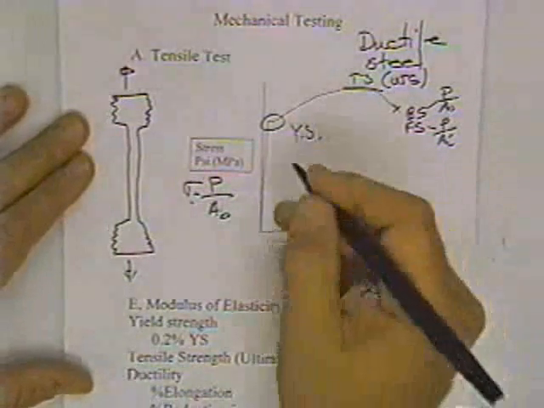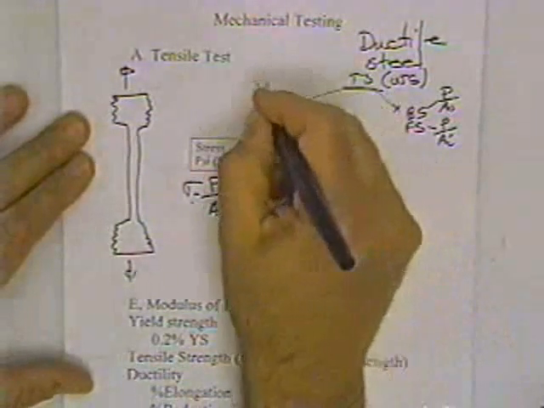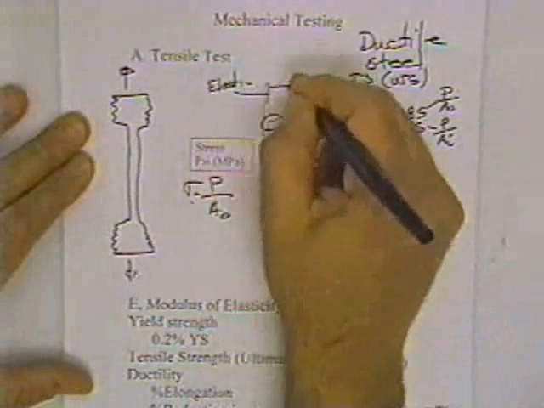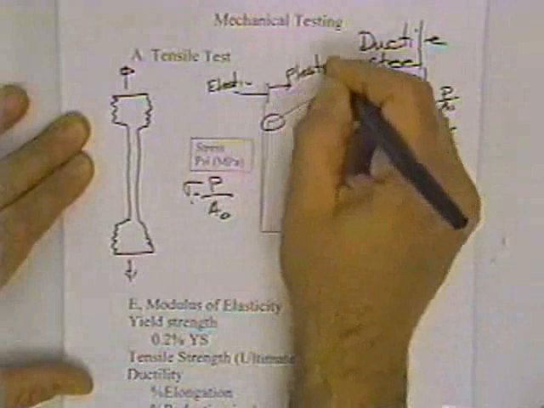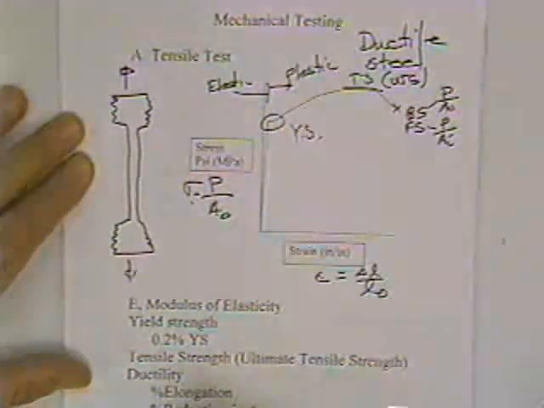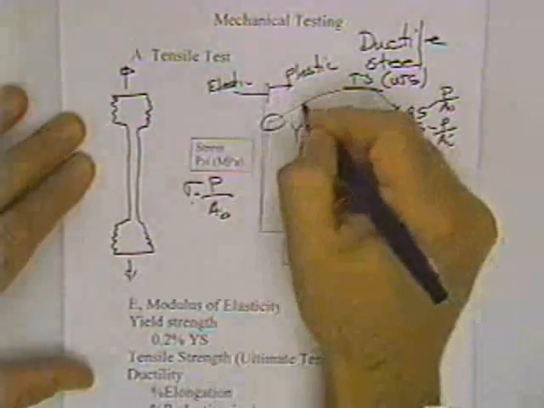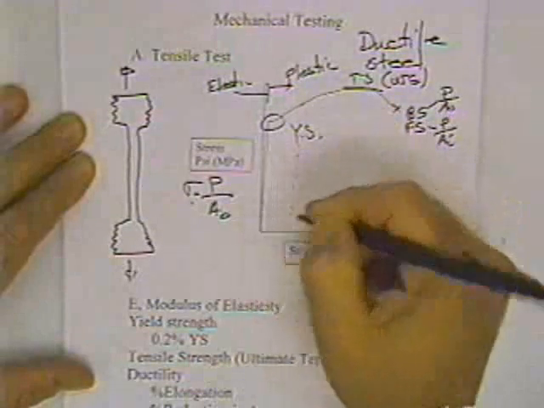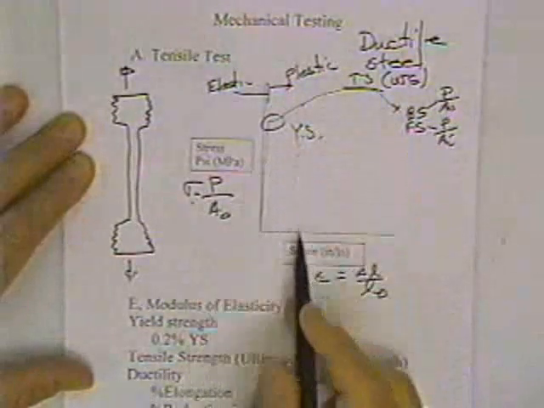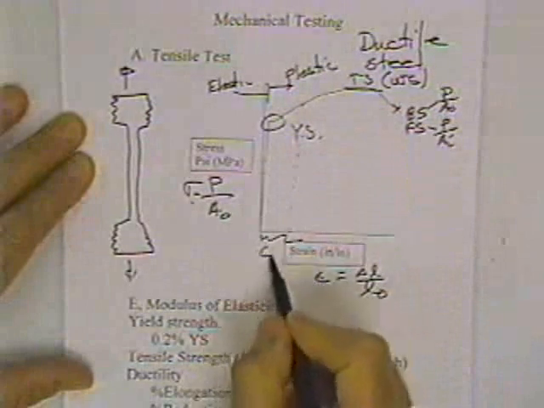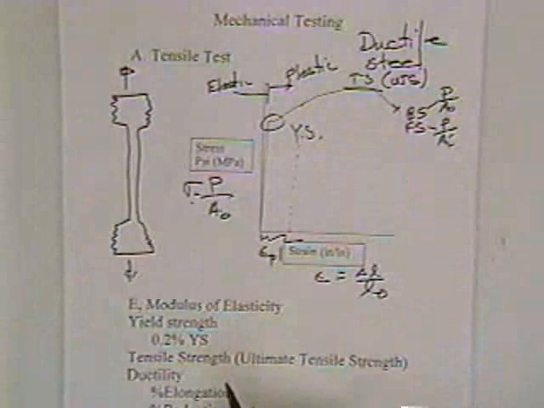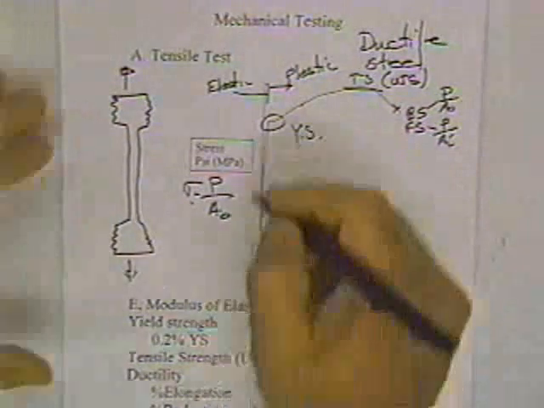Now for engineering applications, this is the elastic portion, this is the plastic portion. Once it starts to plastically deform, if we loaded it up to this point and unloaded, it would follow the same slope, and we would have some permanent plastic strain. In other words, the bar would be longer than when we started.